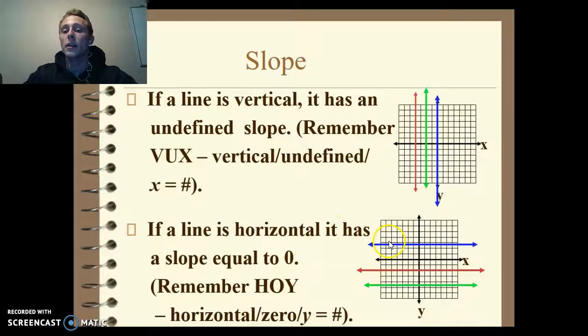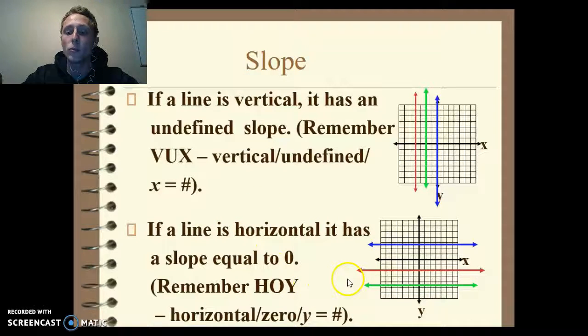On the top of our fraction, we're going to have a 0, and on the bottom there will be a number, because the line goes on forever. That's the difference between a horizontal line and a vertical line: 0 in the denominator for the vertical line, and not a 0 in the denominator for the horizontal line.